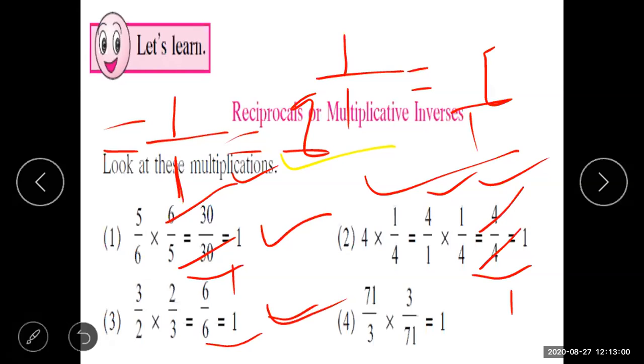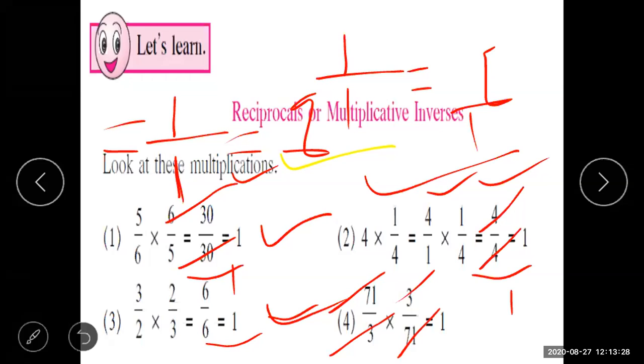Now the fourth one is 71 upon 3, oh sorry, 71 upon 3 multiplied by 3 upon 71. Now here, same 71 into 3. 71 and 71, what are you going to do? You will cut the upper number and the downward number. If you cut 71 and 71, and also 3 and 3, what are you getting?